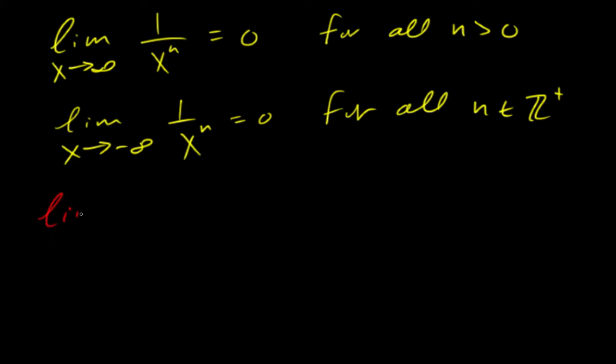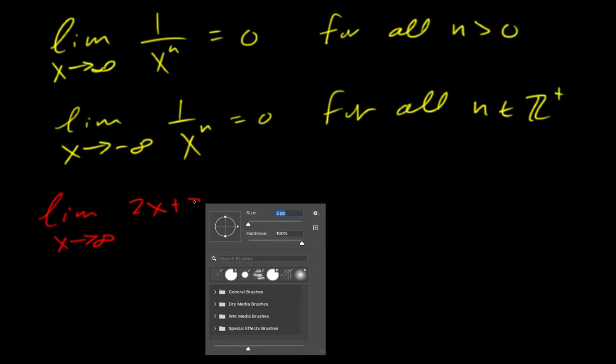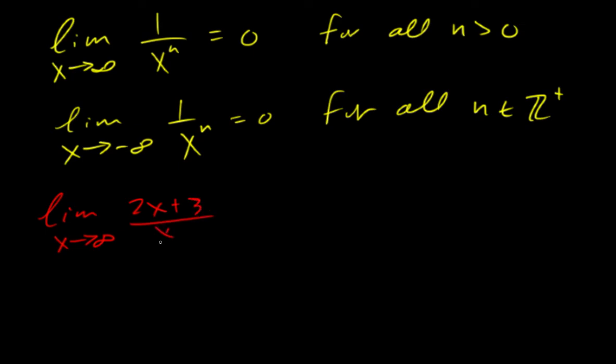So now the first problem: the limit as x approaches infinity of (2x + 3) over (x - 4). What we want to do is have everything divided by a power of x. So we're going to divide the top by x and the bottom by x.